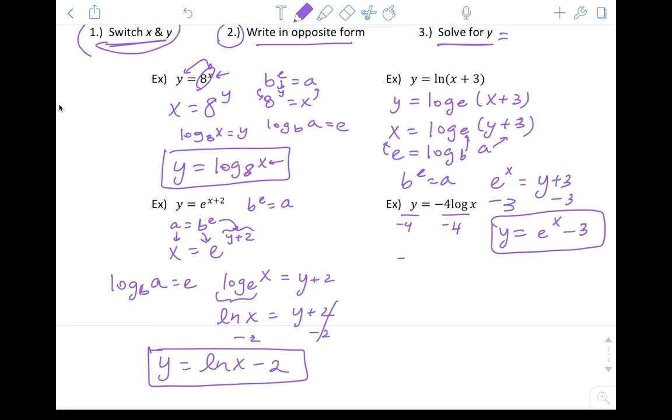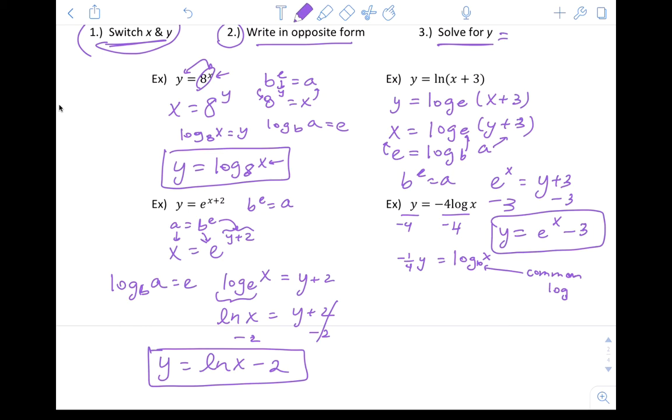So we have negative 1/4 y, or you could put y over negative 4, it doesn't really matter, equals log of x. I want you to remember that whenever you don't see the base, it's called the common logarithm, and the common log is base 10. So there's a cute little invisible 10 you have to know is actually there.